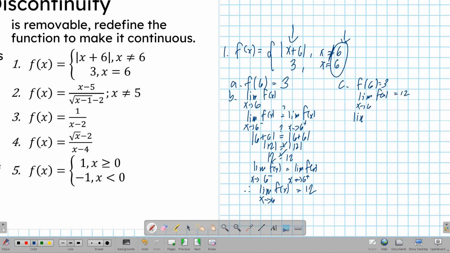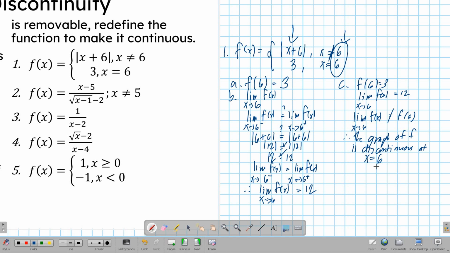Since the limit of f of x as x approaches 6 is not equal to f of 6, the graph is discontinuous. Therefore, the graph of f is discontinuous at x equals 6.